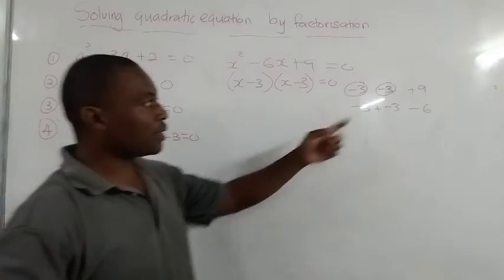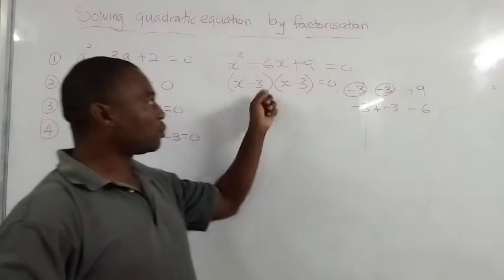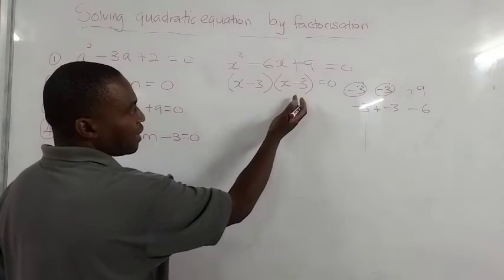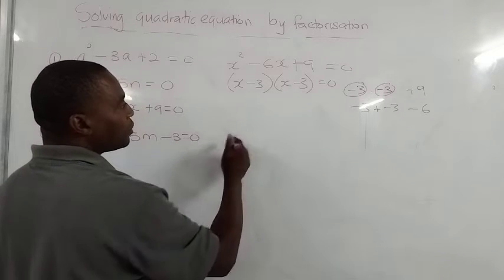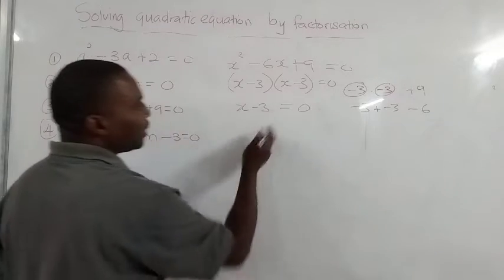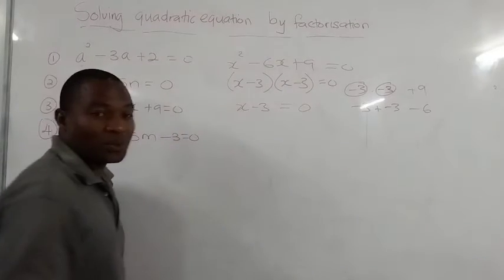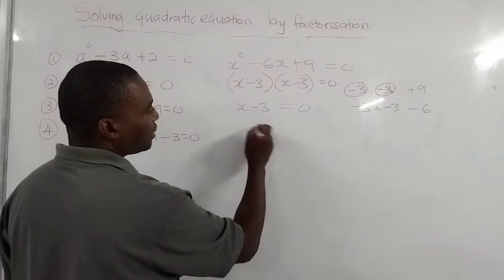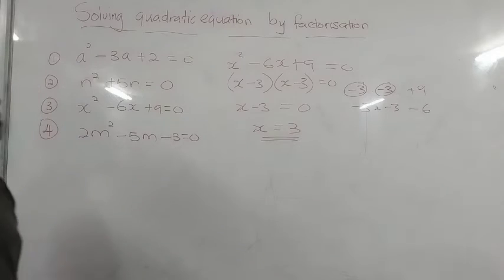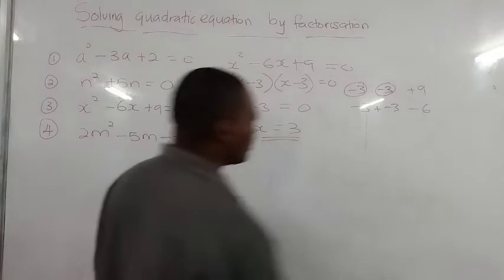You can just find the two numbers and then you put them there with their signs. Applying the 0 rule, that means x minus 3 is equal to 0. It's the same thing, so there's no need to repeat. So in this case, we are saying x is equal to positive 3.